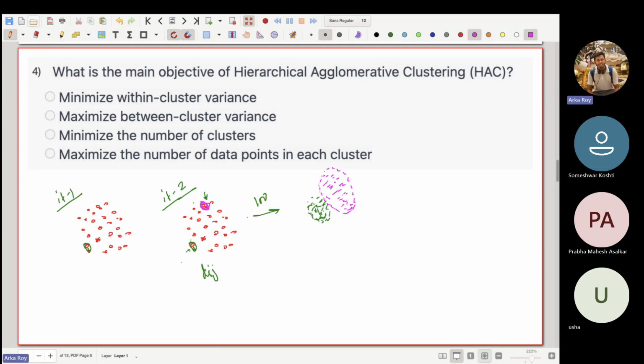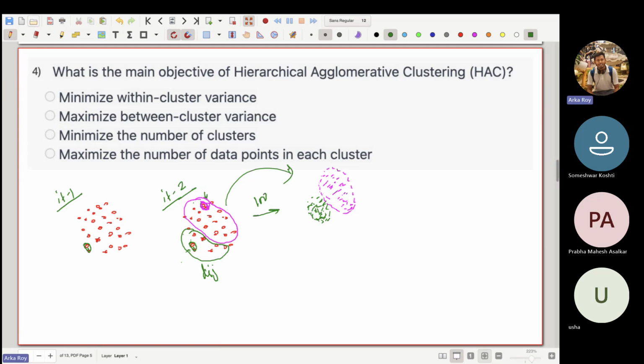So let us consider this is the situation that you got after 100 iterations, which basically means that one side of the data is the pink cluster and the other side of the data is the green cluster. This is what you get after 100 iterations.